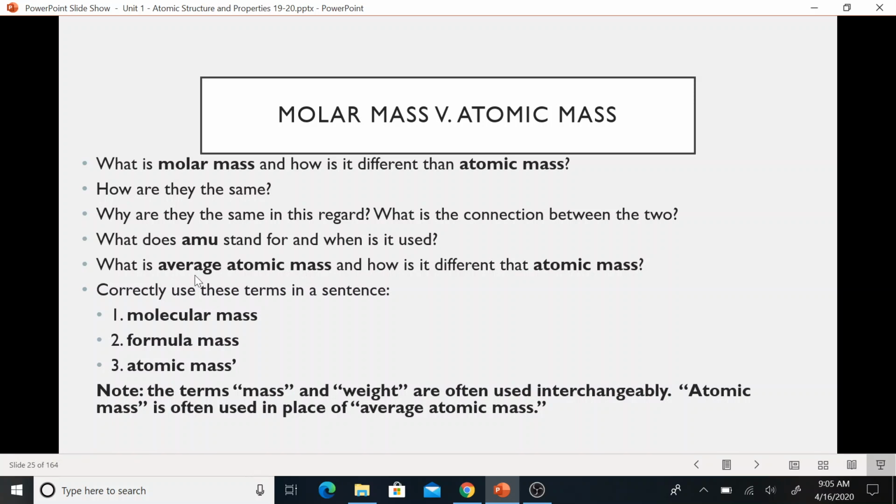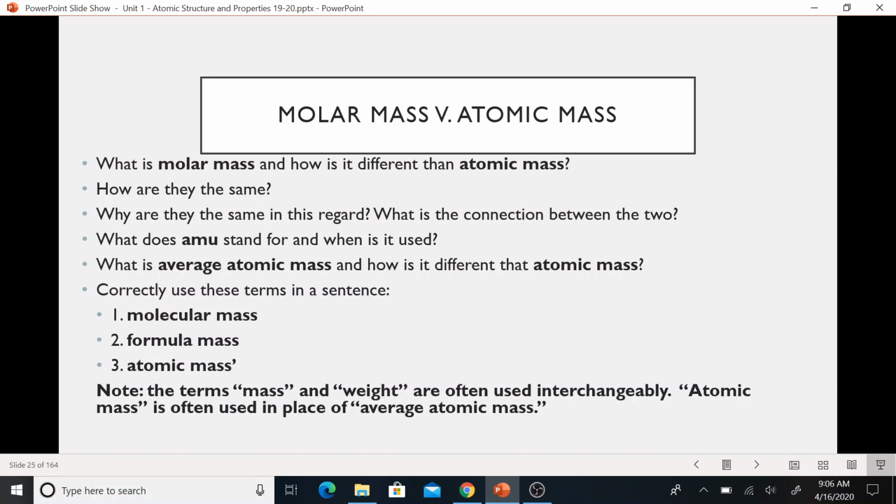But your average atomic mass is going to take into consideration the different isotopes that you have, so carbon 12, 13, and 14, and how often those isotopes are found in nature. When we ask what's the average atomic mass of carbon, we would probably go to the periodic table. That's that 12.01 number. And that's right. That is the average atomic mass for an atom of carbon.